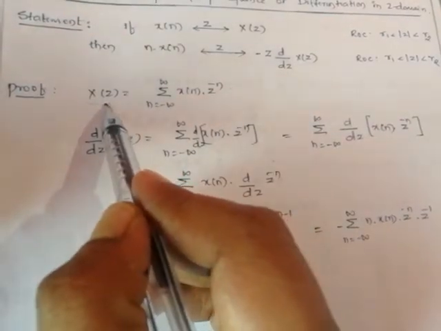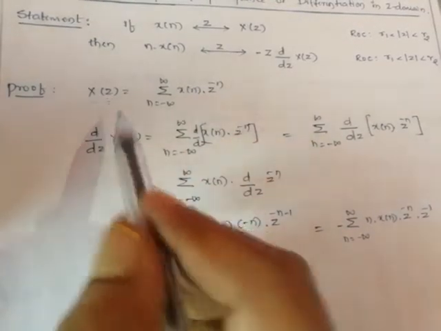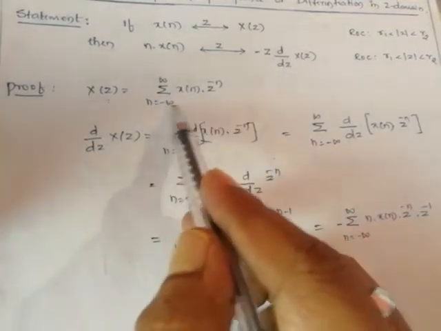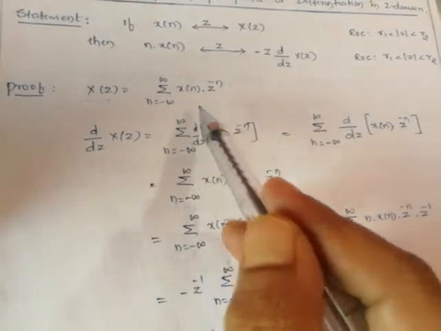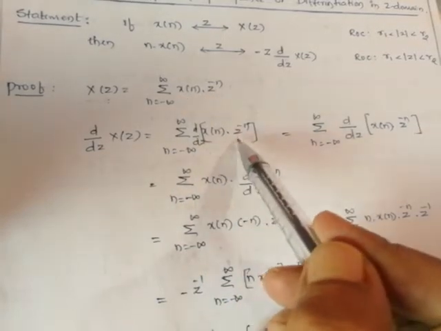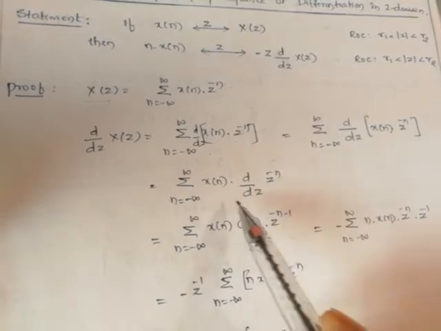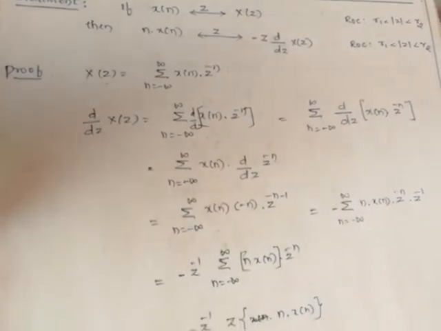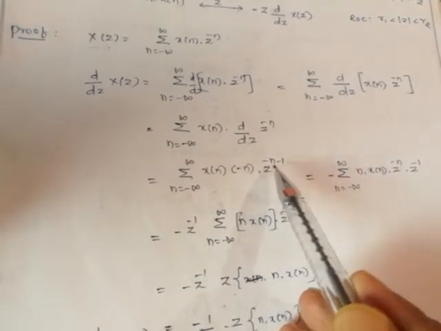Applying differentiation to equation 1: d by dz of x of z equals the summation n equal to minus infinity to plus infinity of x of n into z raised to minus n. Now x of n comes outside, and the differentiation of z to the power minus n is minus n z to the power minus n minus 1.